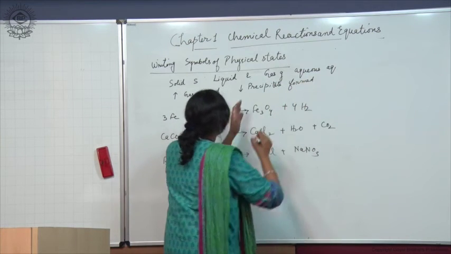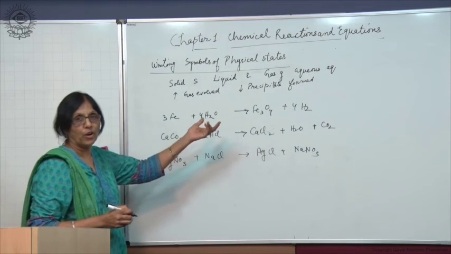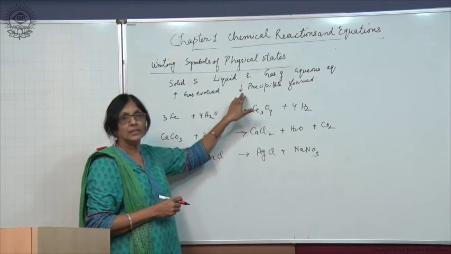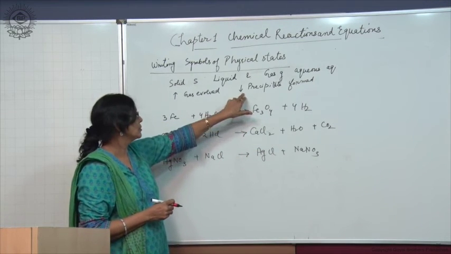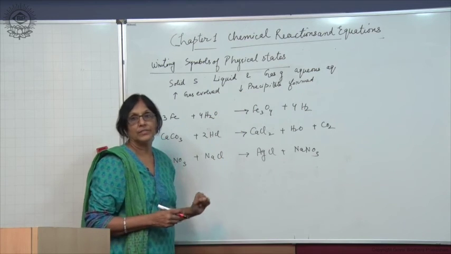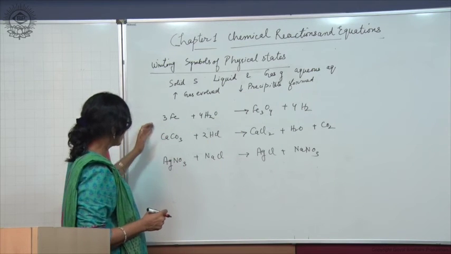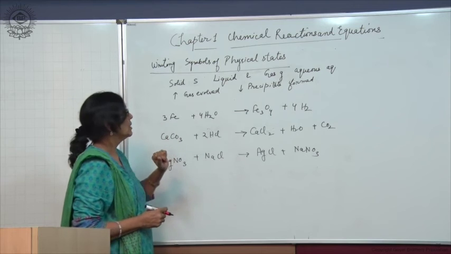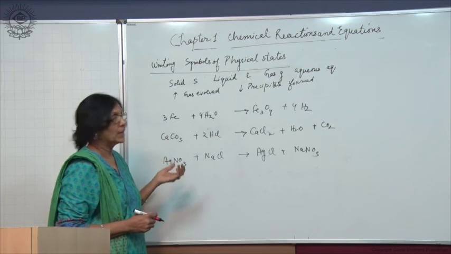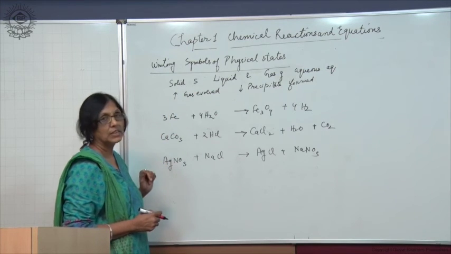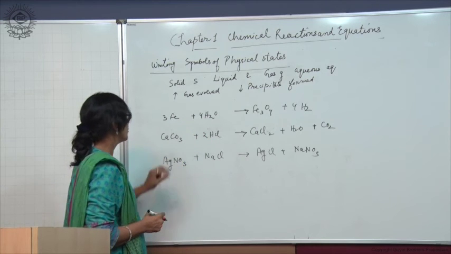What is a precipitate? A precipitate is an insoluble salt which is formed, which settles down. That is why a downward arrow is put behind that salt. So, in this particular equation, we can make it more informative by writing the symbols of the physical states in this chemical equation.